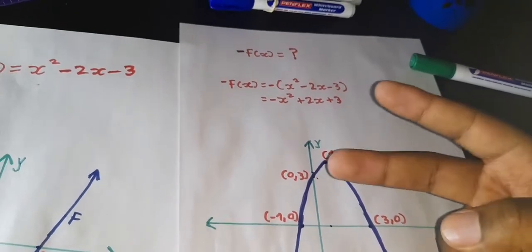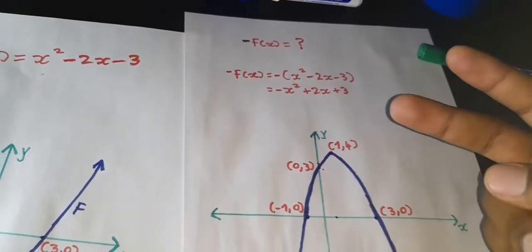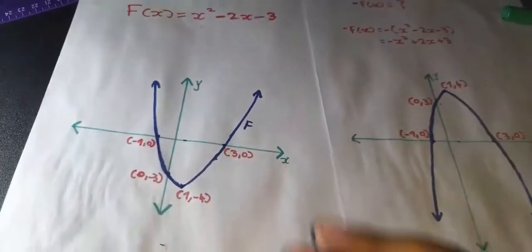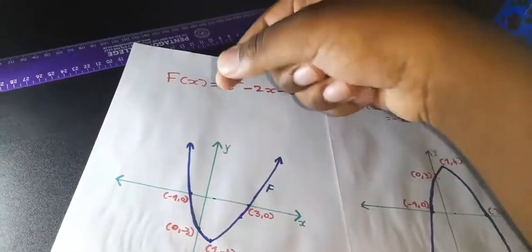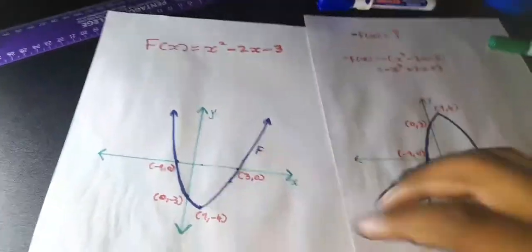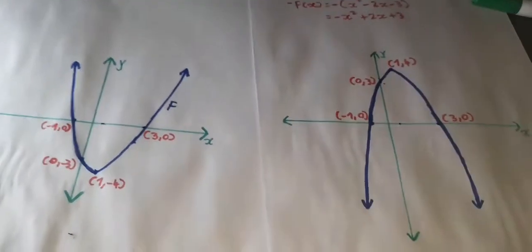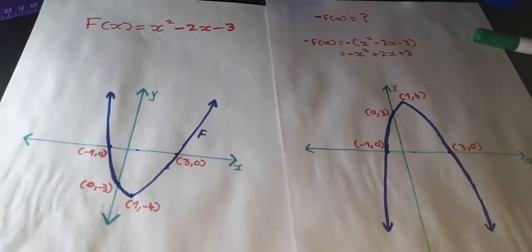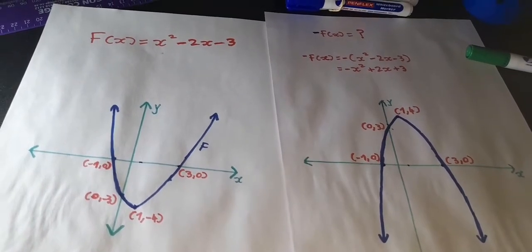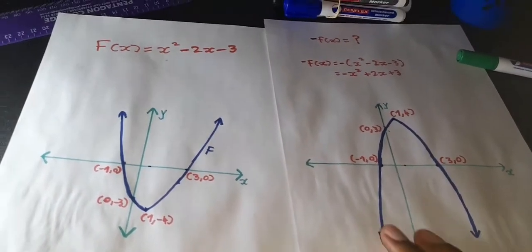So we reflected this about the x-axis. You can see here, we just took this and flipped it along the x-axis like this. Let's spot the differences. We can see that all the x values remain the same, but the y values changed.